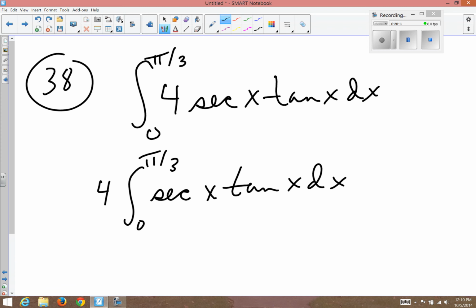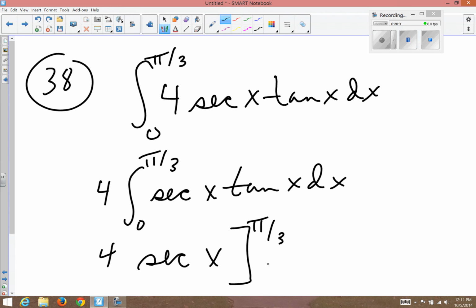And we look for a formula, to memorize these soon, someday. Bring down the 4. The antiderivative of secant x tan x dx is secant x plus c. Make this bracket instead of the plus c.